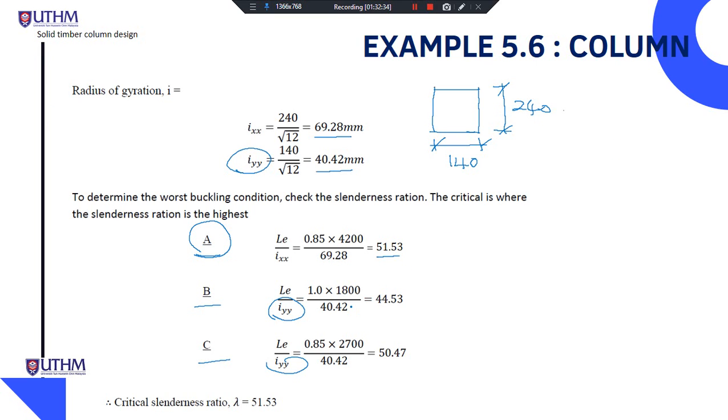So we got case B equal to 44.53 and case C equal to 50.47. This is our factor based on the end condition. From these three values, the critical slenderness ratio, the largest value, is 51.53, and we will bring this value forward into the next stage.